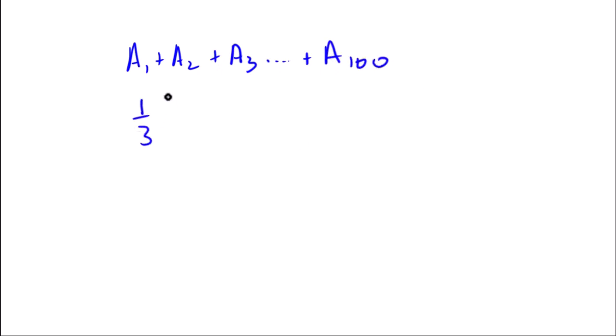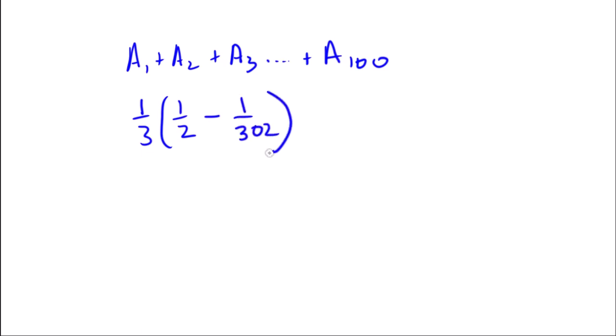My whole summation of the terms A1 plus A2 plus A3 all the way out to plus A100 becomes 1/3 times the first fraction 1/2. All the fractions in between cancel, and I just subtract that last fraction, 1/302.